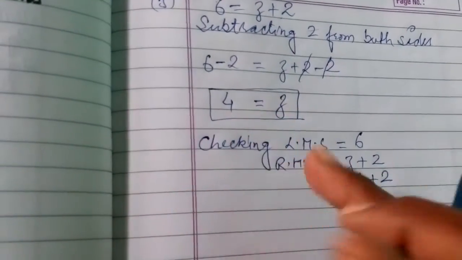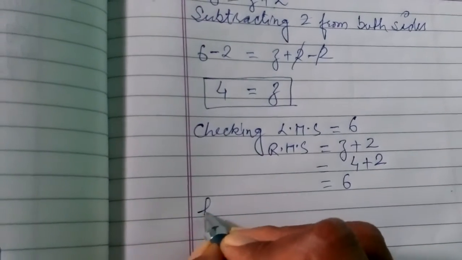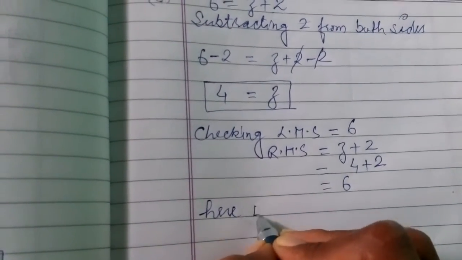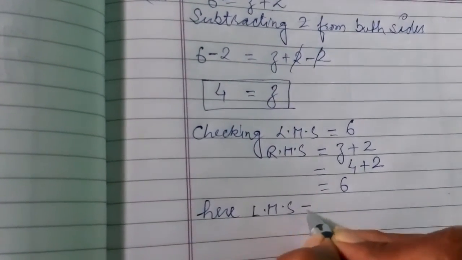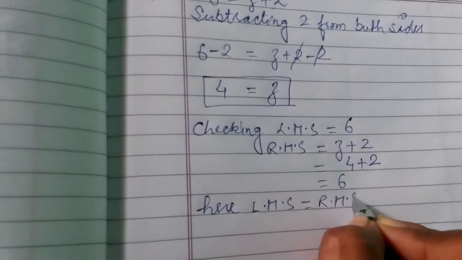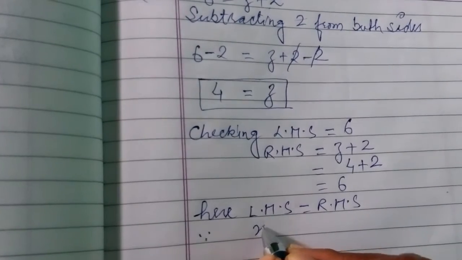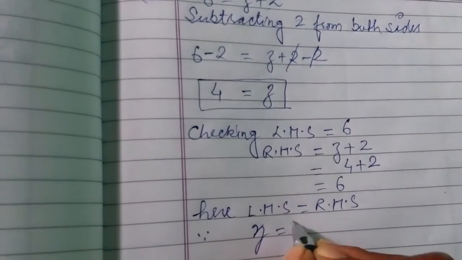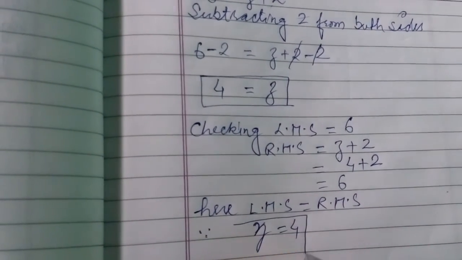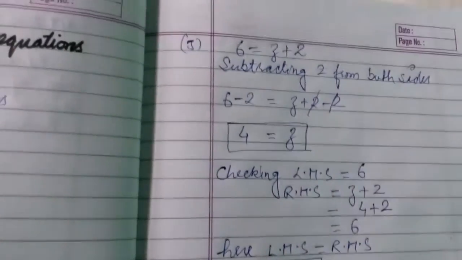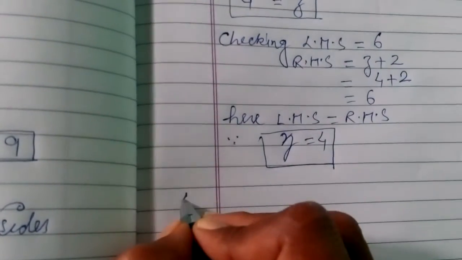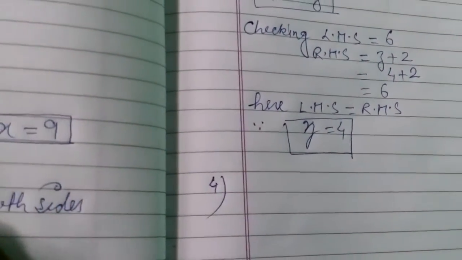That means my answer is correct. Here left hand side is equal to right hand side, therefore z is equal to 4. Now let us move towards the fourth question.